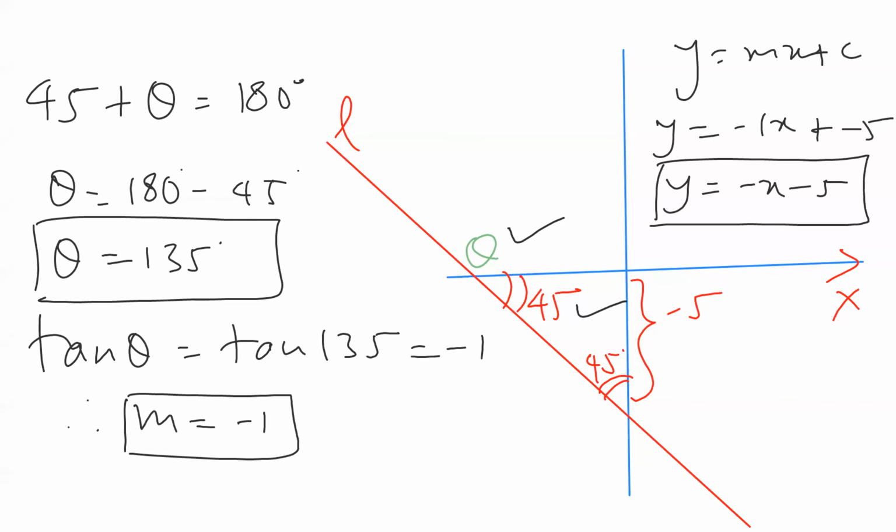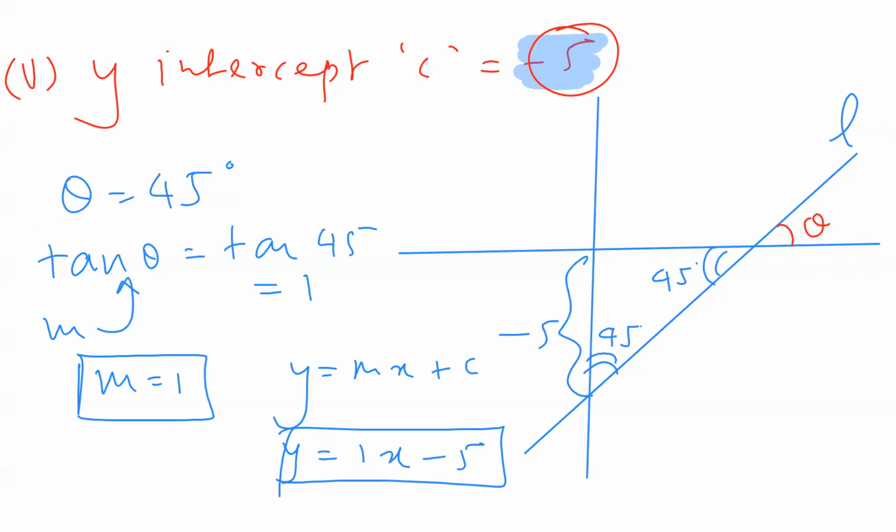Okay, so this problem can be solved in two cases. I have explained both. Case number one, the diagram in this way. The y-intercept is negative over here, so this is -5. It should be down.